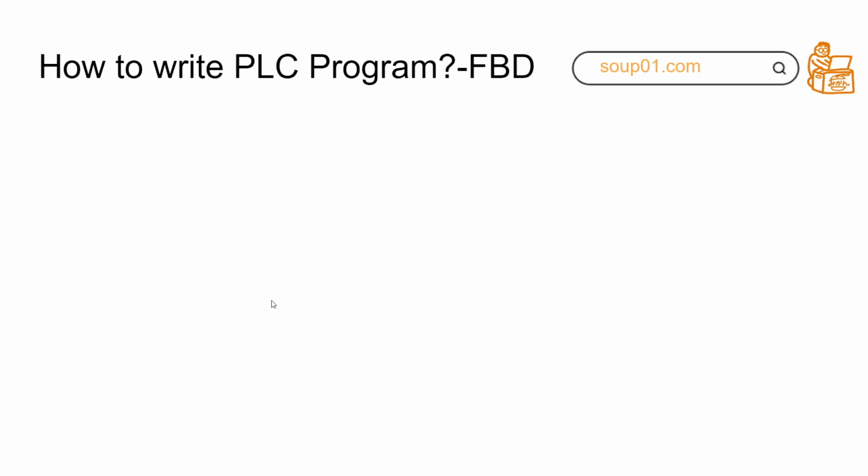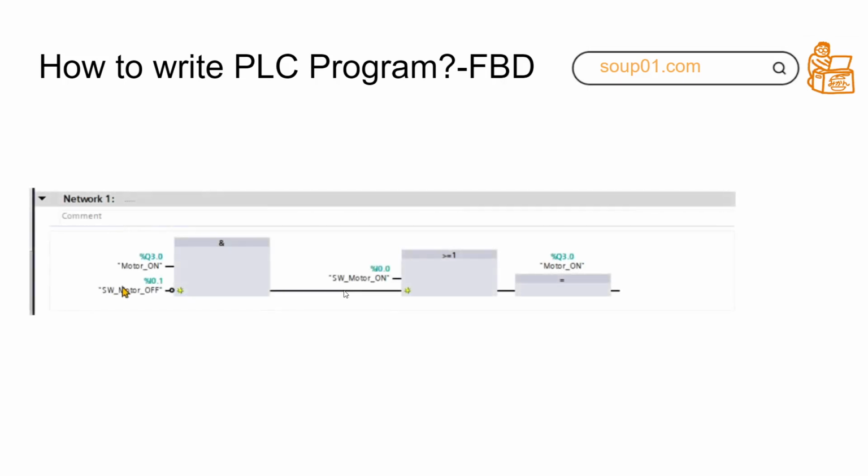The second one is FBD, function block diagram. You can imagine a function block diagram as just like an IC chip. You have many AND gates, OR gates, or many small function blocks. Then you can connect them by their input pins and output pins to write your logic.